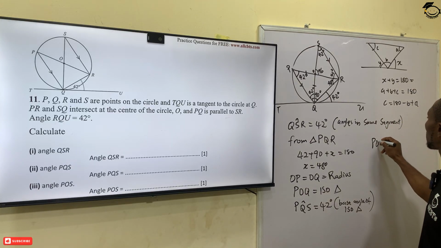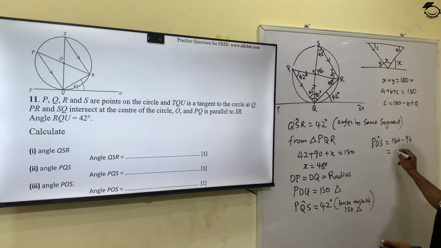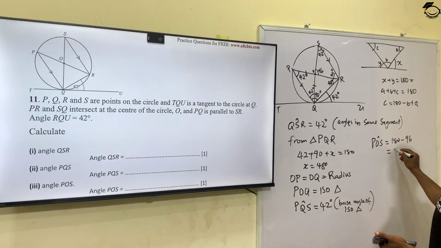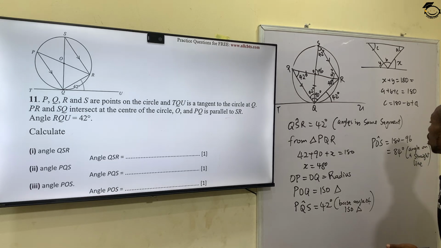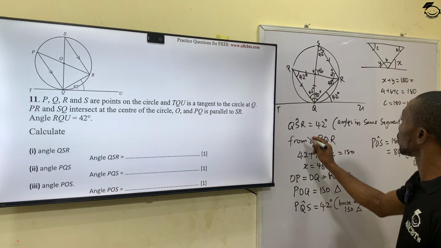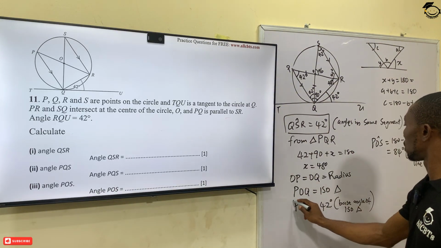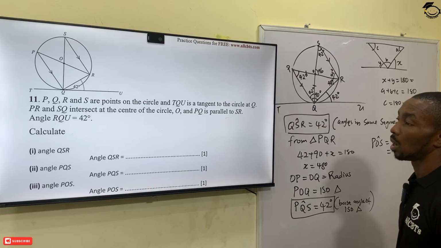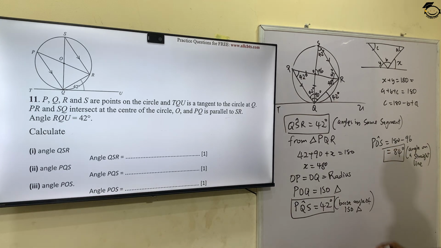So angle POS equals 180 minus 96 degrees, which gives us 84 degrees. Reason: angle on a straight line. So with this, we found angle QSR to be 42 degrees, angle PQS to be 42 degrees, and angle POS to be 84 degrees.